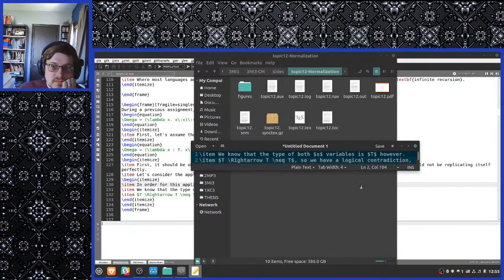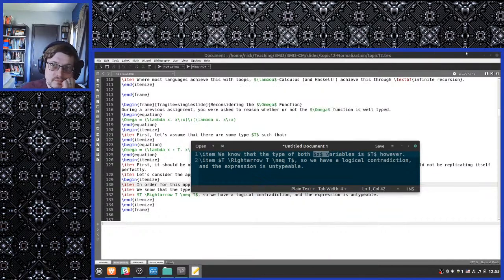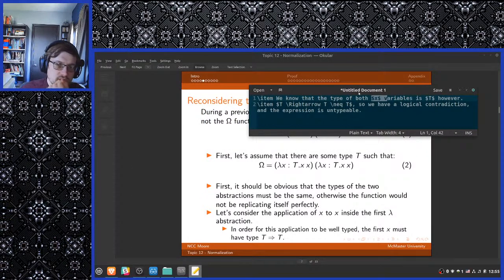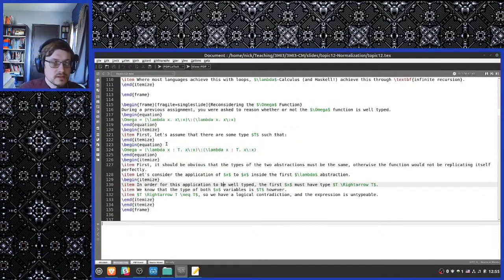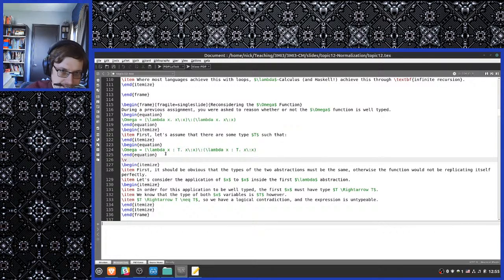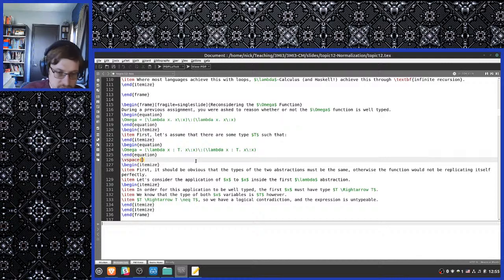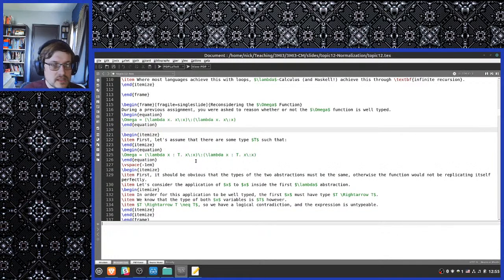So, the bit that got cut off of the slide is that we know that the type of both x variables is t, right? Essentially, overfilled VBox. See, it's the spacing, right? In Beamer, it doesn't give you an overfilled VBox warning.